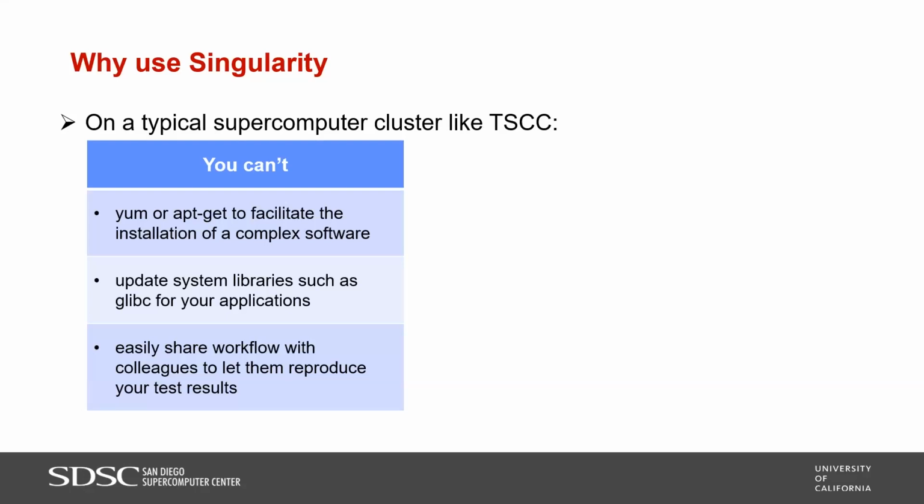You cannot use yum, or apt-get as you do every day on your Linux PC, because you don't have sudo or root, and you might need to update some system libraries if you find those libraries are out of date on that HPC cluster. You cannot just update them because you are not the system admin.